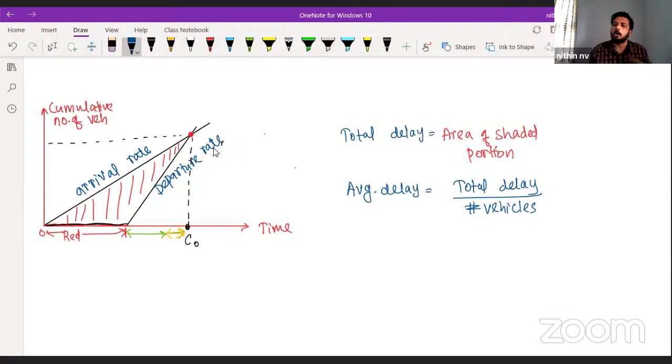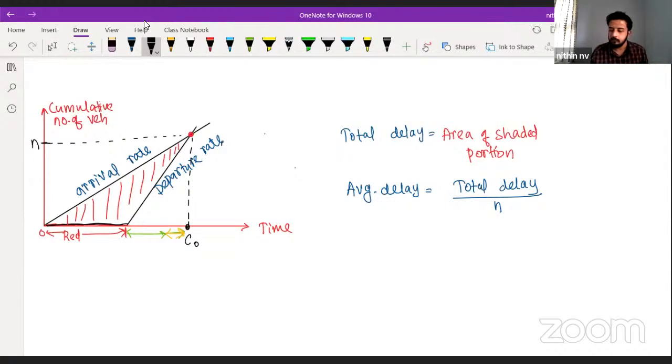How do we know how many vehicles there are? That should be given in the question. Just write number of vehicles n, which will be given.